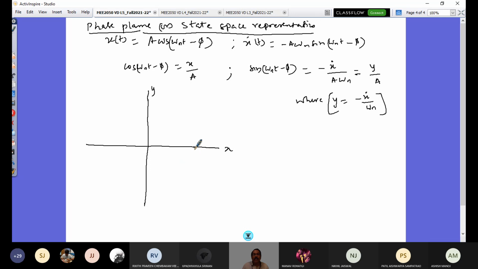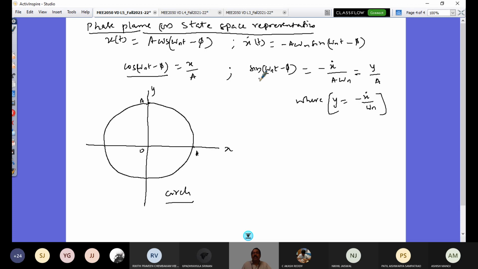So I have point A and point A here, and I can draw a circle through that. This is a circle about the origin.